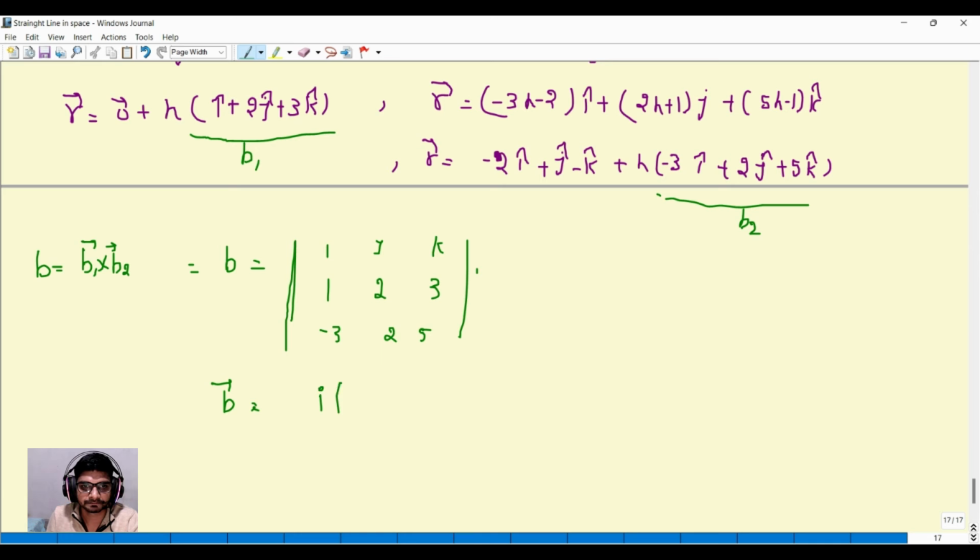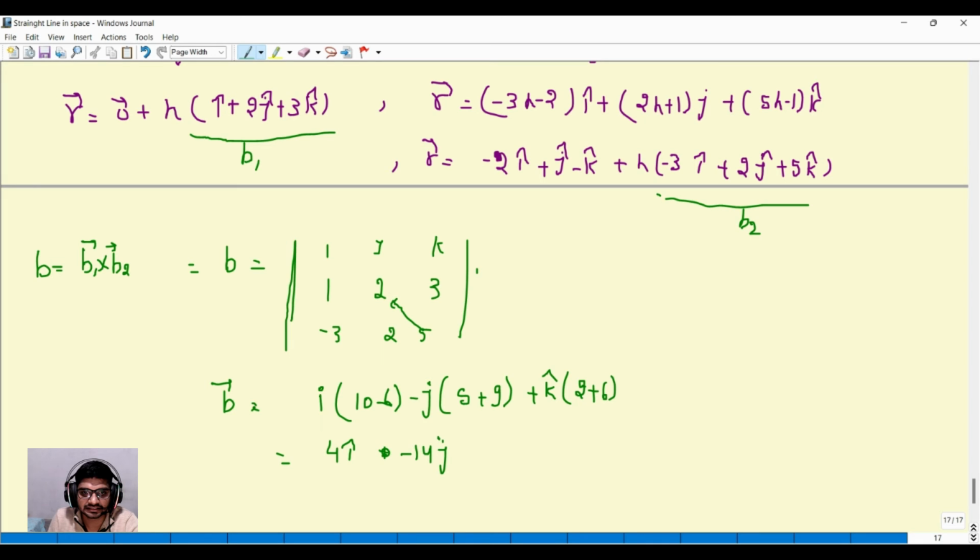So i times 5 2s are 10 minus 6, so 10 minus 6, minus j, this will cut out, and then 5 plus 9, and plus k times 2 plus 6. Okay, so that is 4i minus 14j plus 8k. This is the cross product.